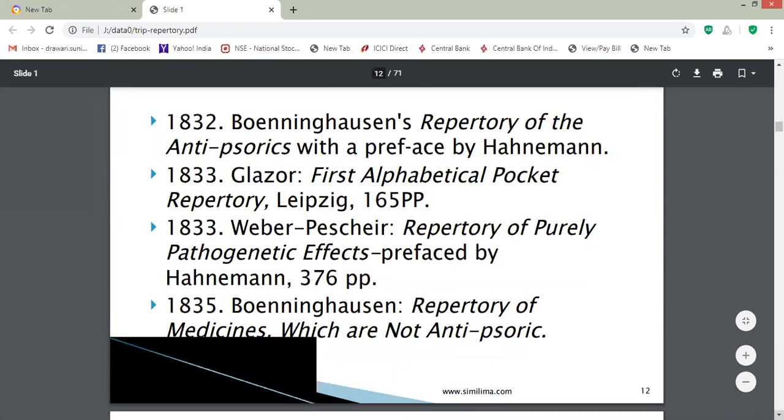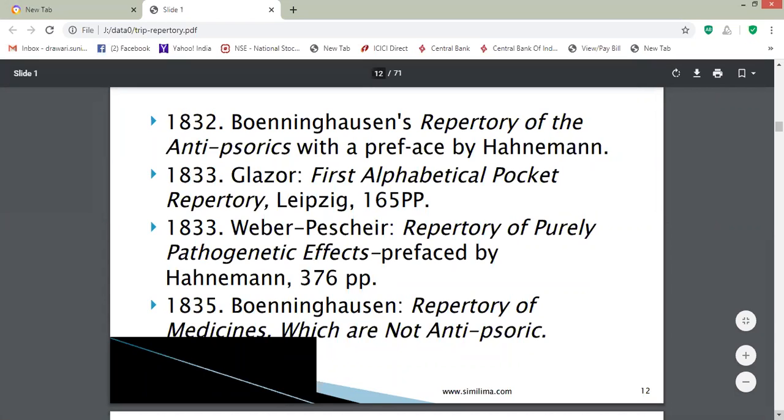Then in 1832, the first repertory which was published was Repertory of Antipsoric Remedies by Dr. Boenninghausen, and the preface of this repertory was written by Dr. Hahnemann.